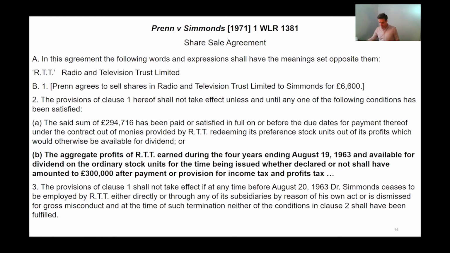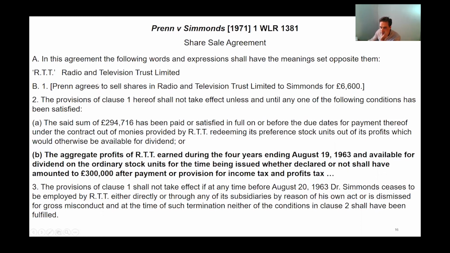Now, what happened that led to the interpretive dispute was that RTT Limited, over this 4-year period, did not earn £300,000. The RTT Group, including its subsidiaries, did earn over £300,000. So the interpretive question was, which profits were to be counted under this clause in determining whether Clause 2 was satisfied and the share sale would go ahead?